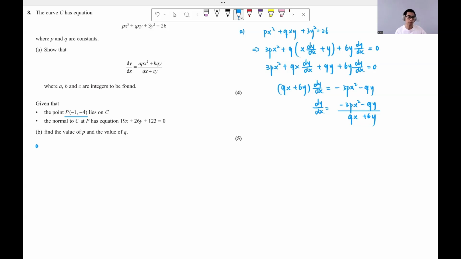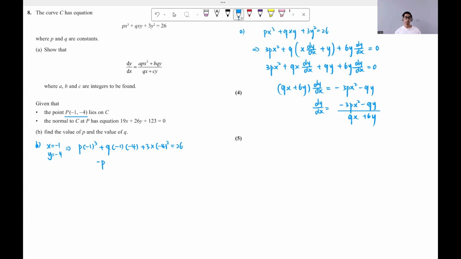So if we substitute in x equal to -1, y equal to -4 into the equation, we get p times -1 cubed, plus q times x, which is -1, times y, which is -4, and then plus 3 times -4 squared equal to 26. So -1 cubed is just -1.